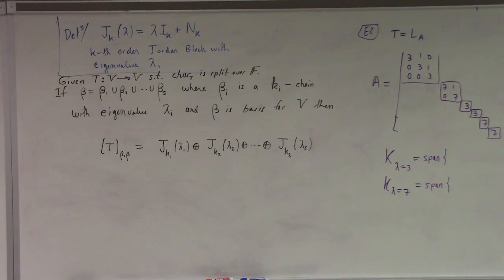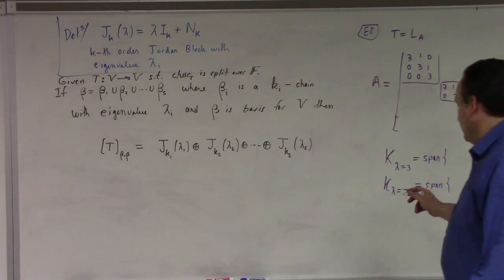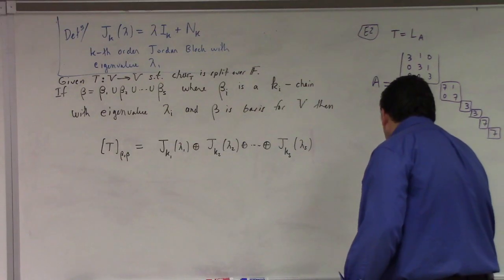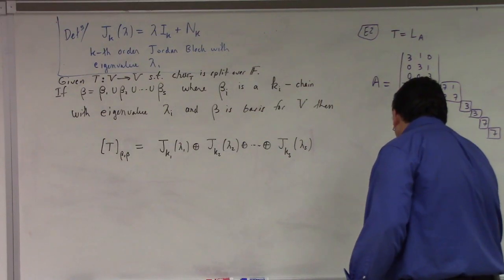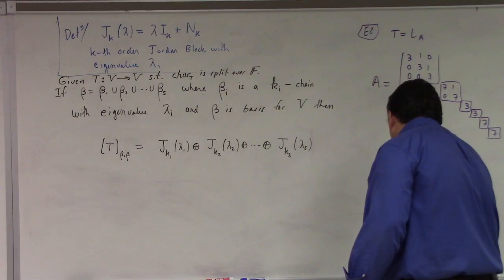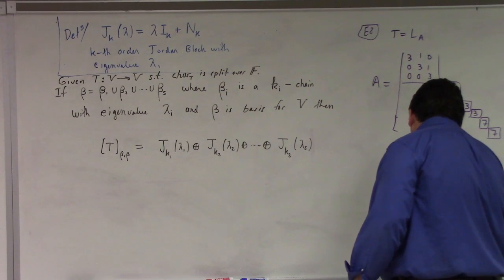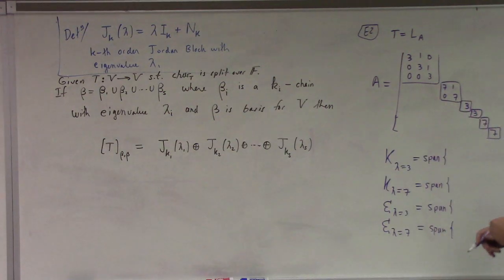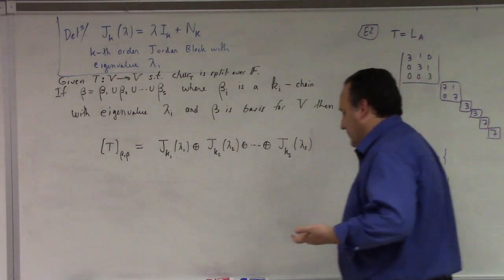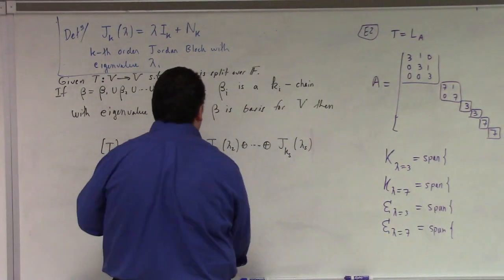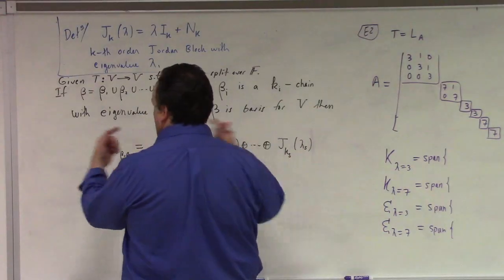Well, almost done. I also want to know what the eigenspaces would be in this case. Remember, the eigenspaces are a subspace of the generalized eigenspace. At the moment I'm working backwards from the pattern we just derived.